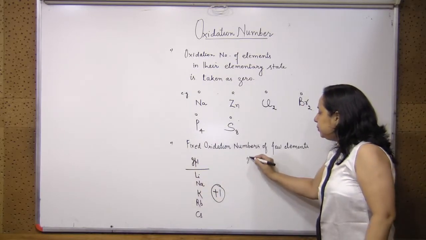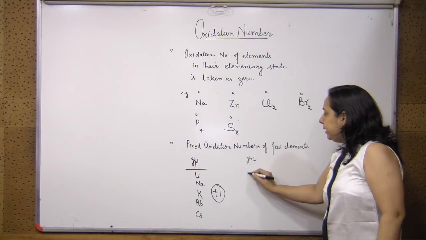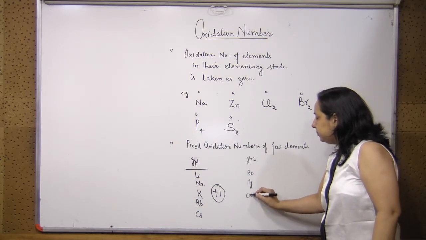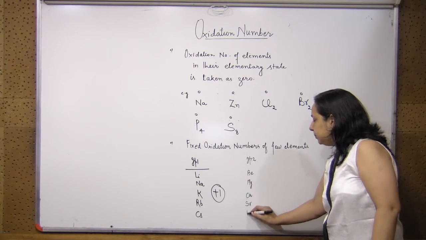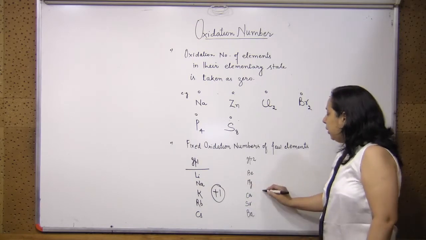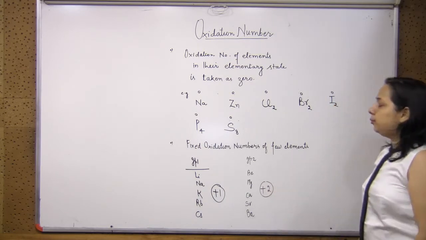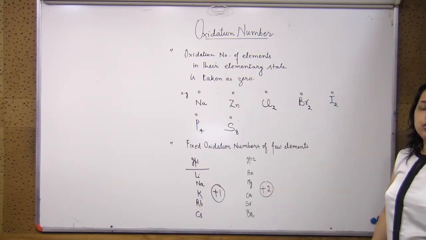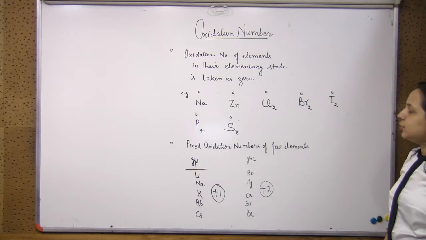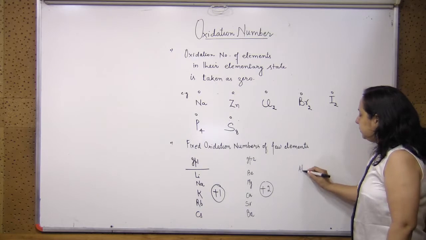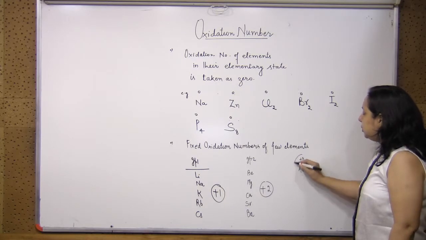Next here, group 2, beryllium, magnesium, calcium, strontium, barium, always +2. It means group 1 +1, group 2 +2. Fixed oxidation numbers are there. Aluminium, always +3.